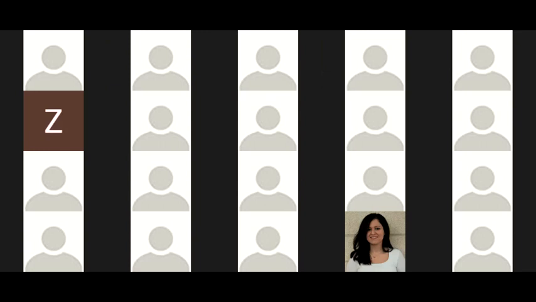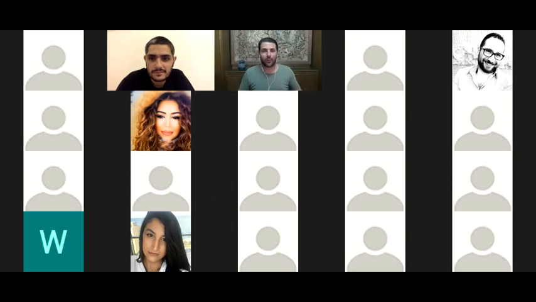Now, let's say the Lebanese government needs to tap some conversation between two users on WhatsApp. Imagine they go to WhatsApp, to Facebook, basically, and try to force them to provide the log of this conversation.